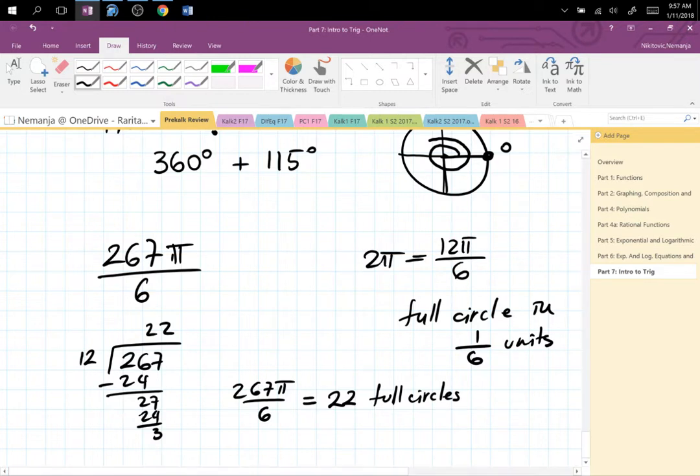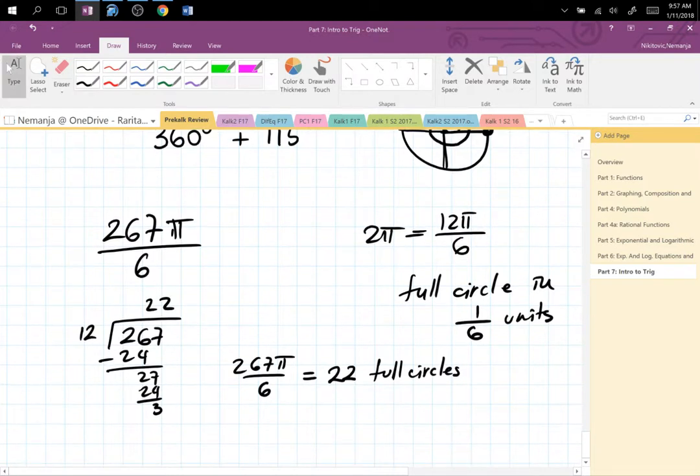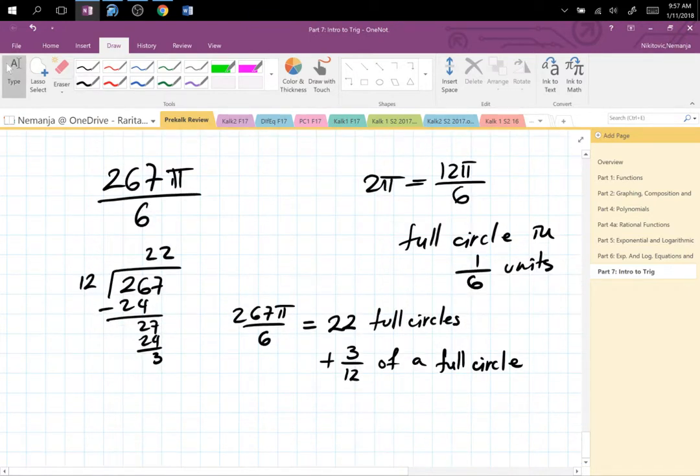The leftover is 3 over 12, which is 1/4. 1/4 of a circle, which is 3 pi over 2. And then plus, 3 over 12 of a full circle. Now 3 over 12 is 1/4 of the full circle, which is 90 degrees, which is pi over 2 radians.